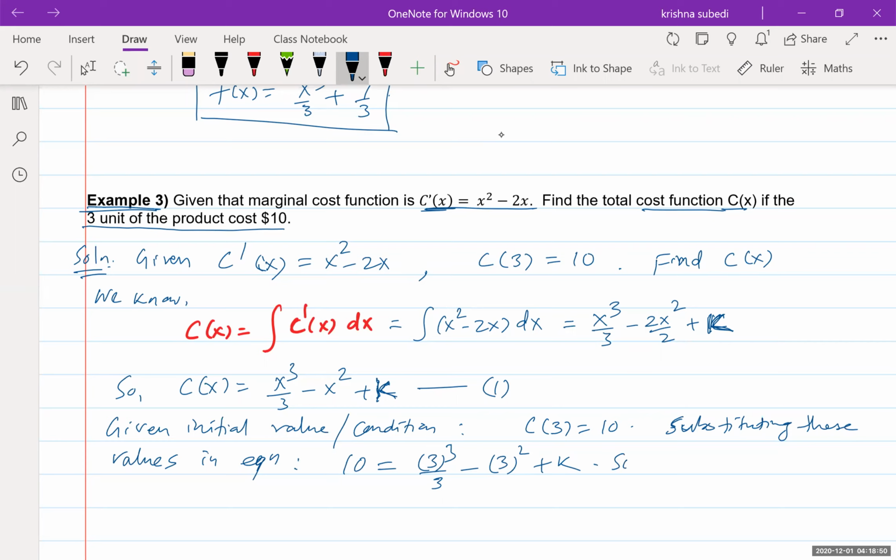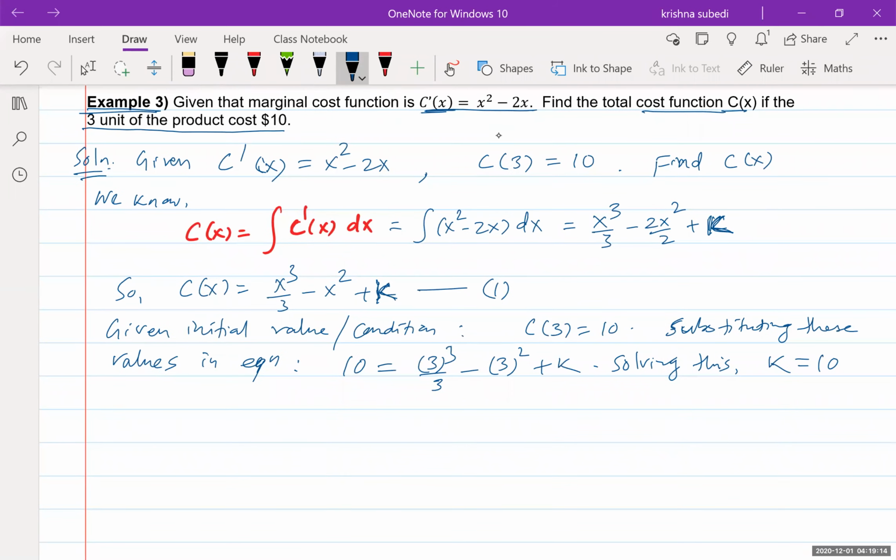And solving this, can somebody tell me what is the value of k here? Is that 10? Okay, q got 10, and I think that's the correct one. So your value of k is 10.